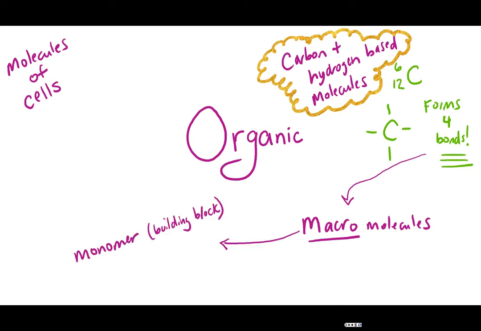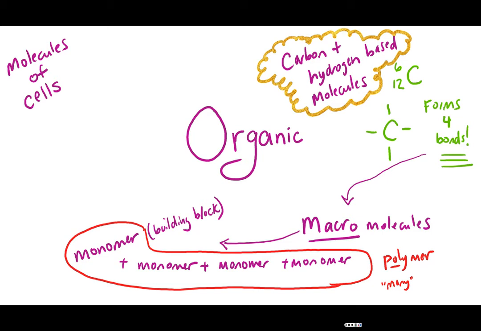As we study our macromolecules, we will be, in each case, looking at what is described as the monomer, or the building block, the base unit for that particular type of macromolecule. And what we will see is that in many cases, our organic macromolecules will be chains of monomers linked together.